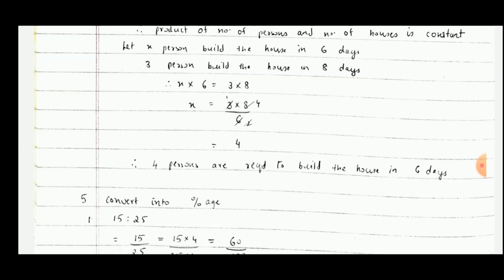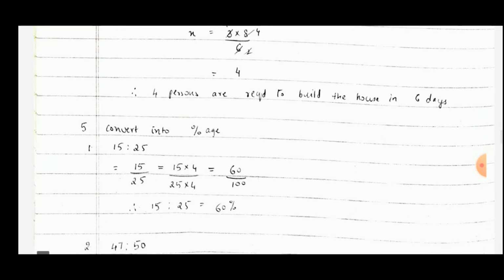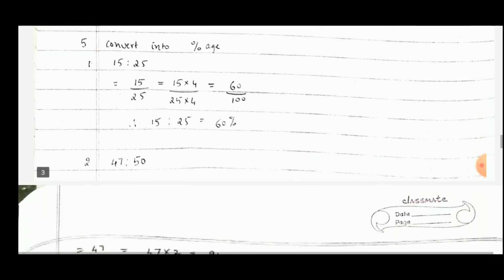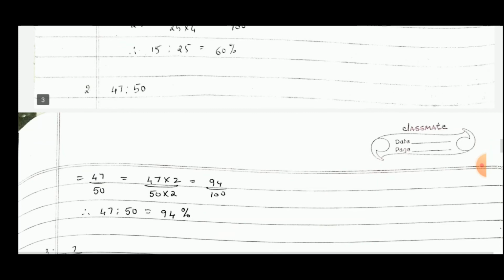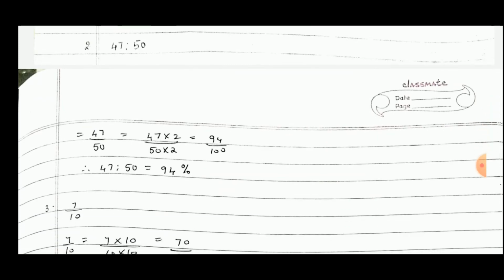Now convert into percentage. 16 upon 25. In this one, the second term you have to make 100. So 25 into 4, 64 upon 100 means 64%. Then 47 upon 50. Multiply the numerator and denominator by 2. So 47 into 2 upon 50 into 2, that is 94 upon 100, so 94%.